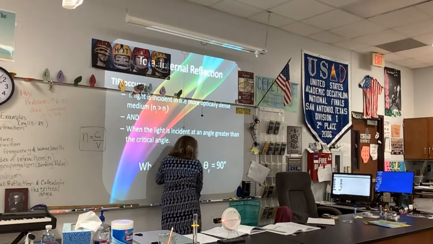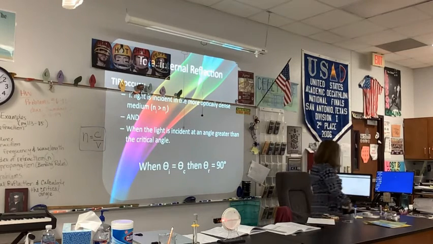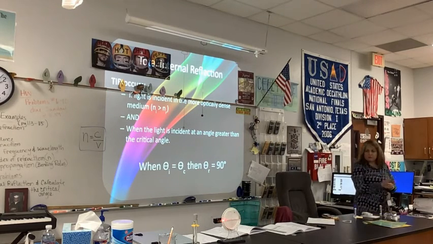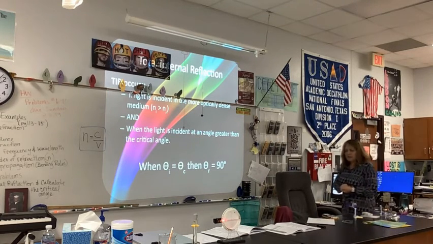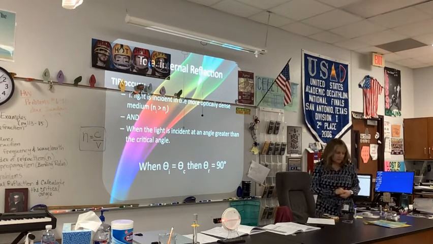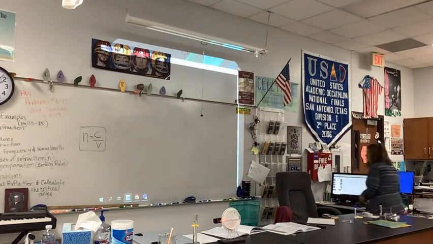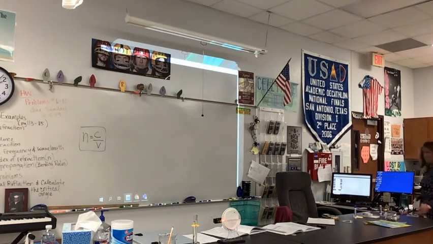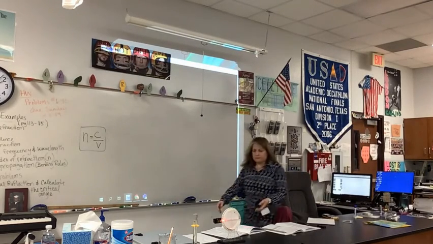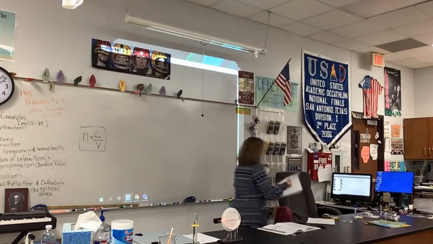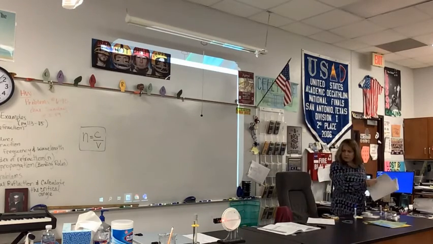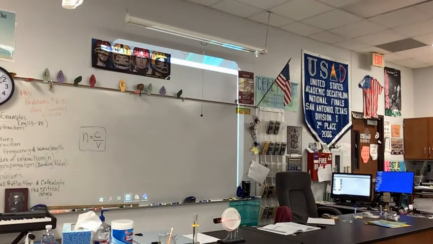So now that we've talked about it, I would like you to practice in your groups calculating the index for that glass block. So I would like you to complete page 114 in your groups. If you have any questions, I'm happy to help.